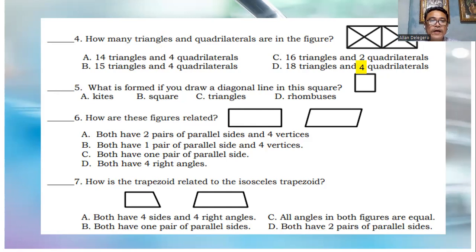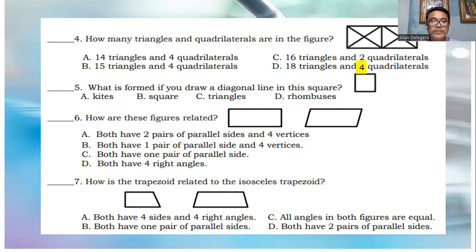6. How are these figures related? A, both have 2 pairs of parallel sides and 4 vertices. B, both have 1 pair of parallel sides and 4 vertices. C, both have 1 pair of parallel sides. D, both have 4 right angles. 7.